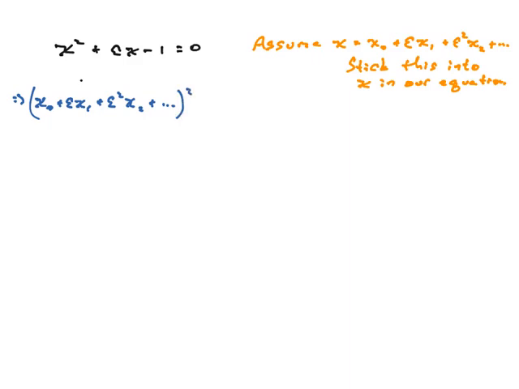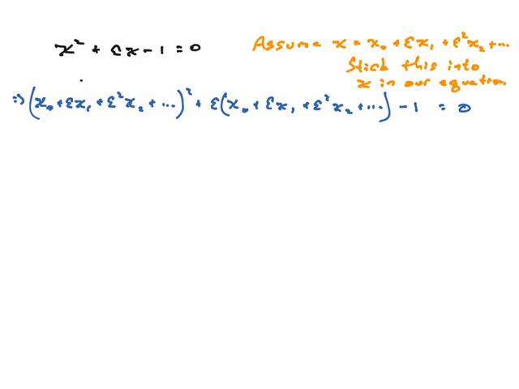That thing squared. Then I've got a plus epsilon times x, but again, x is x naught plus epsilon x1 plus epsilon squared x2 minus 1 is equal to 0. So all I did here was I took my equation, I stuck in this power series representation into the equation, and that's what I get.